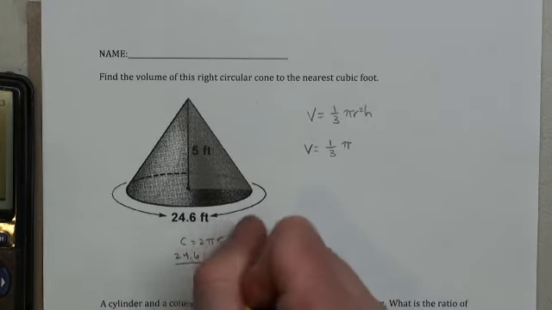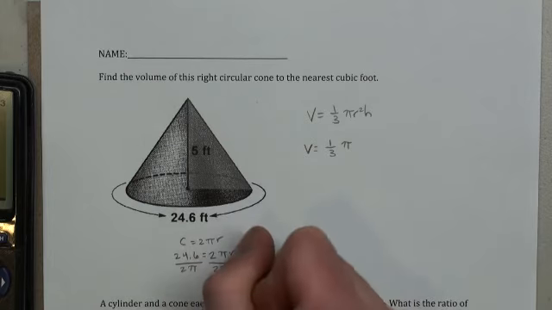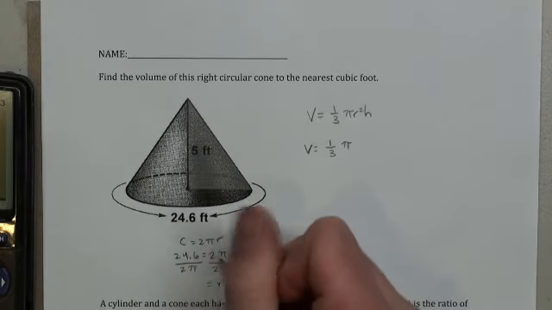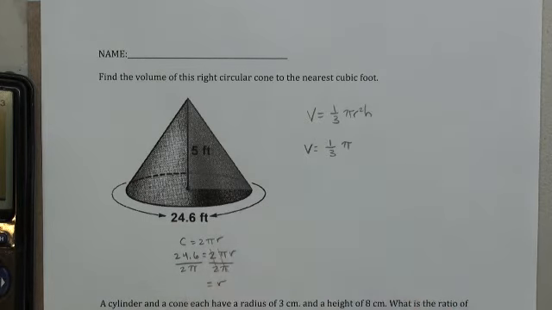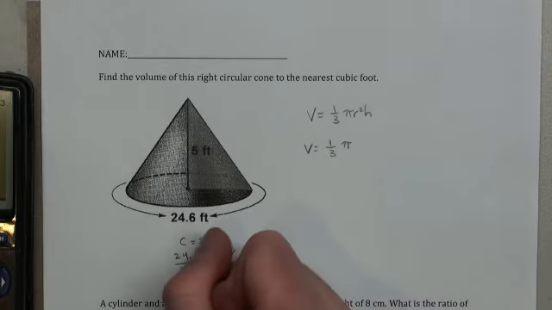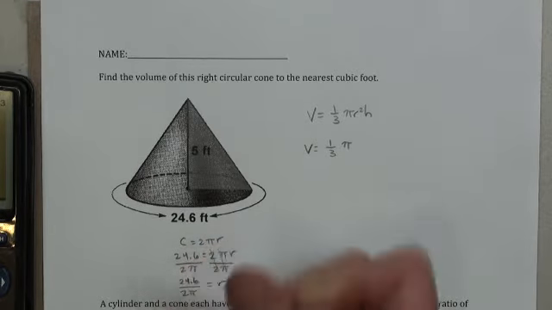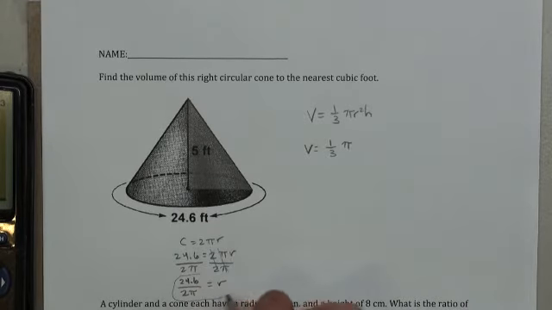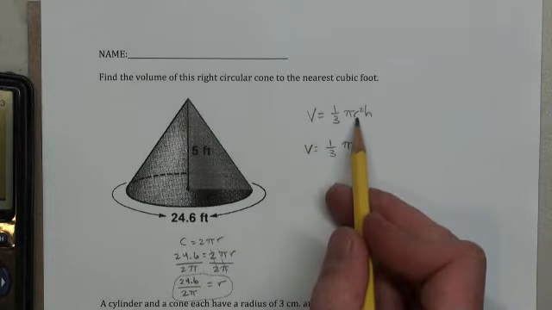Divide by 2 pi, and the 2's and the pi's cancel. Our radius is 24.6 divided by 2 pi. That's our radius that we're going to plug in for this r.